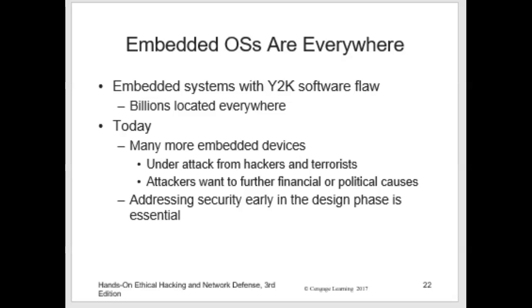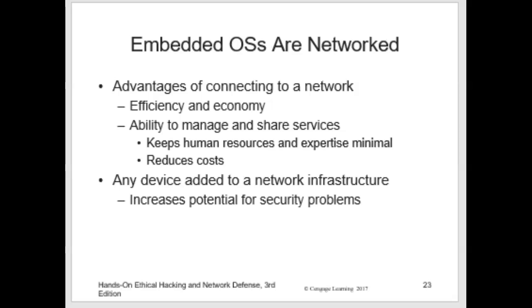That's interesting because today we have far more embedded systems than we ever had back then. The Y2K flaw is fixed. Good news. Bad news is we have tons more embedded systems, so if something like that happened again, it'd be very difficult to deal with.